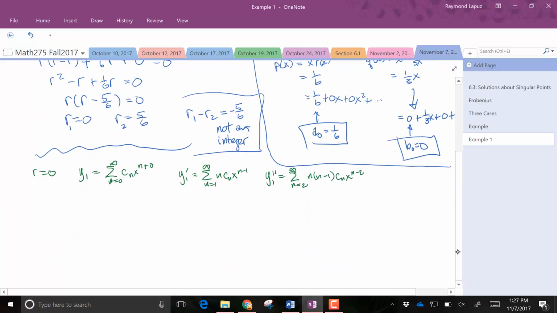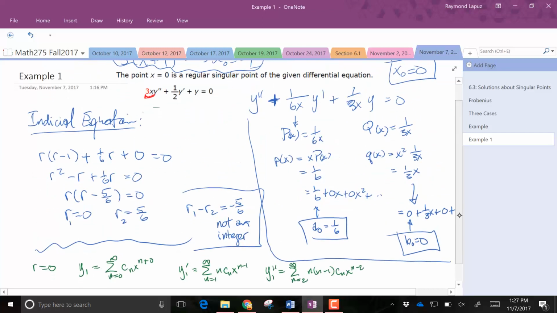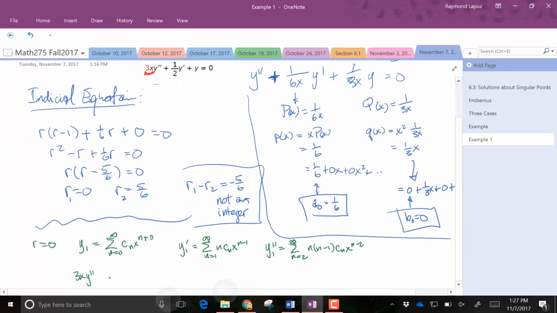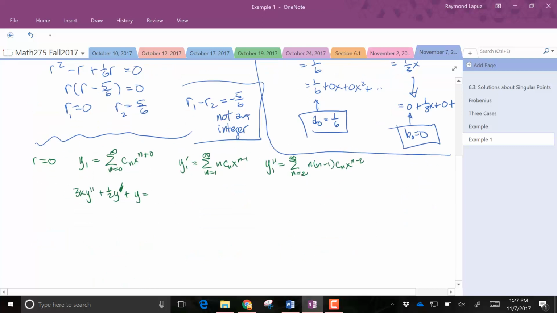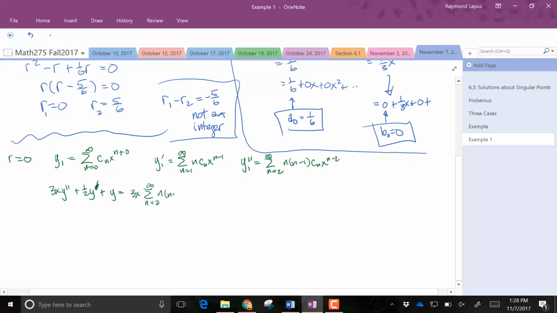Let's drop that into our differential equation, which is 3x y double prime plus 1/2 y prime plus y. So we have 3x times the series, where the second derivative starts at 2 to infinity, of n times n minus 1, c sub n x to the n minus 2.